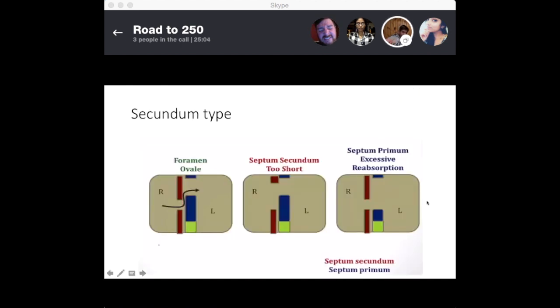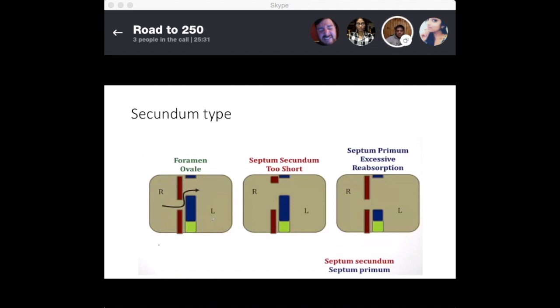All right, so what are we talking about here? With the secundum type, usually it's a defective site at the foramen ovale or the ostium secundum. And there's multiple reasons why this happens. Most of these are often isolated, and they're located in the mid-septum. So here, this is going to be your septum secundum and your septum primum.